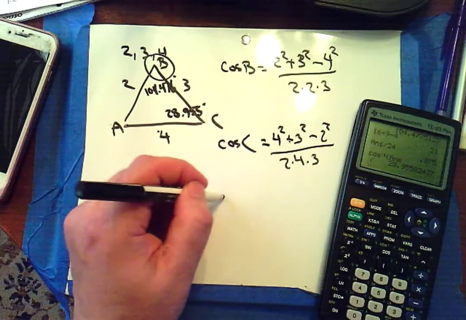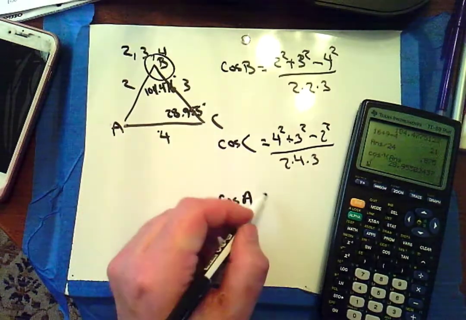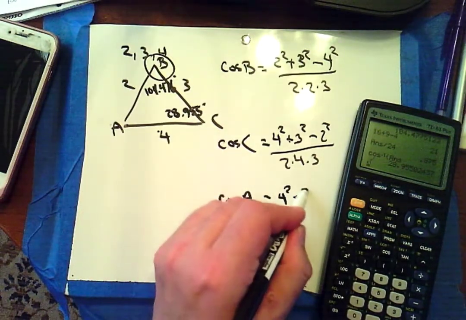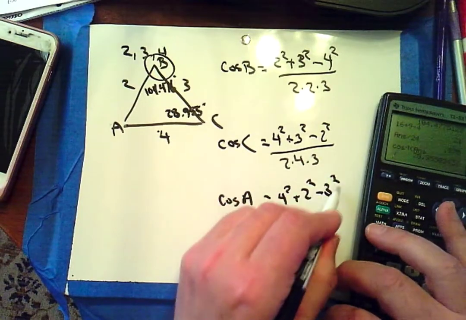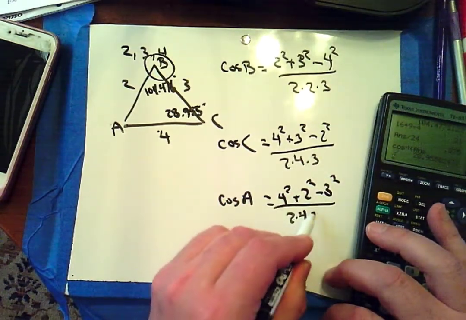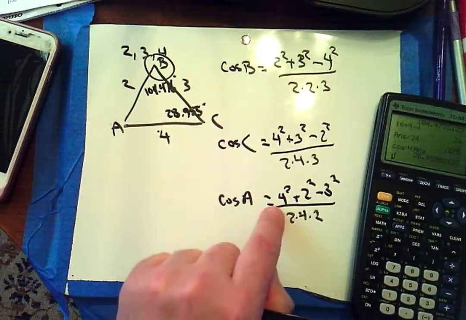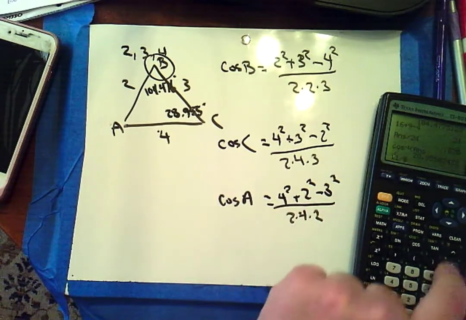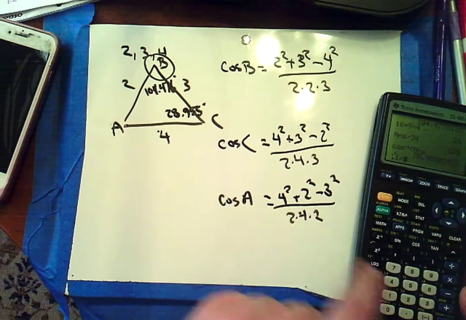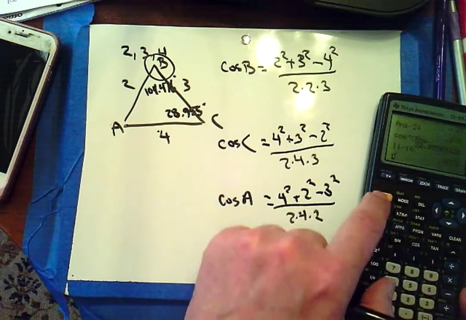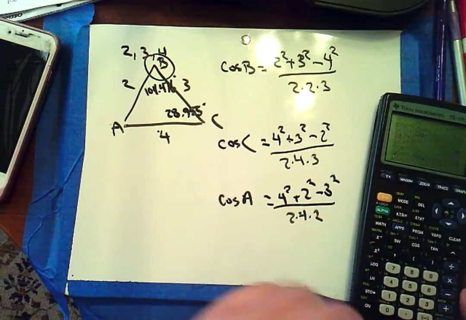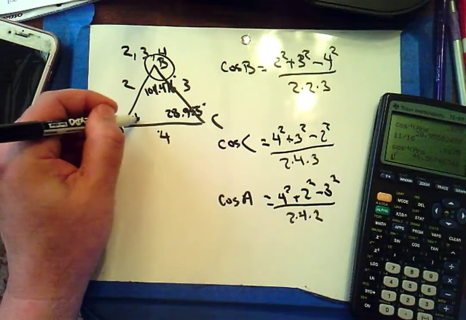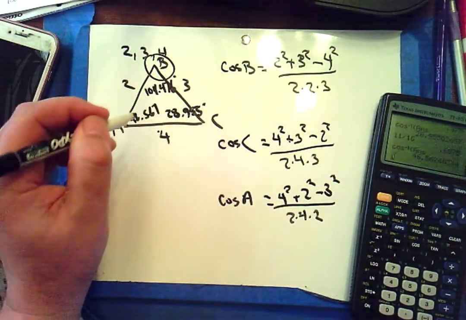It wasn't that big a deal, so I'm just going to find cosine A as 4 squared plus 2 squared minus 3 squared over 2 times 4 times 2. So we've got 16 and 4 is 20. 20 minus 9 is 11 divided by 16. And if I do inverse cosine of that, I get 46.567.